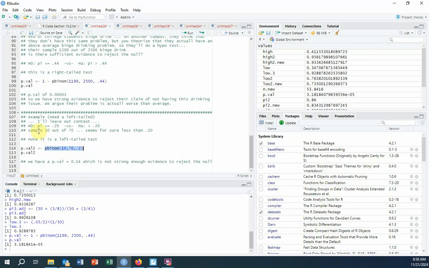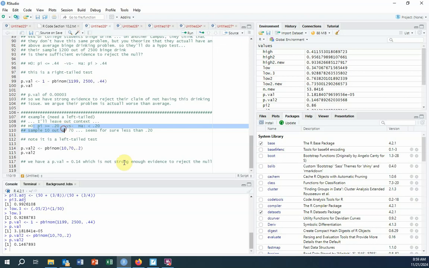That's important, using their assumption that we're trying to disprove as the actual proportion. And if I run these, I get a p-value of about 15%. That's not really extreme. That's not strong enough evidence to reject the null. So we have to accept that the null is correct. We cannot disprove it. Okay.